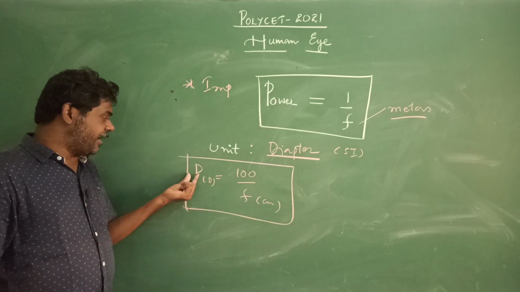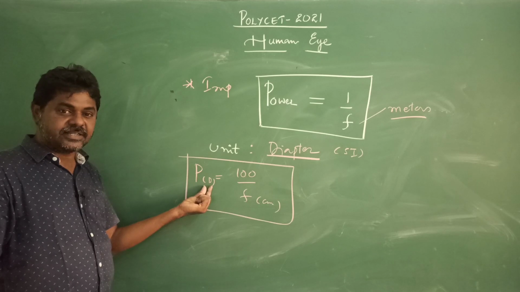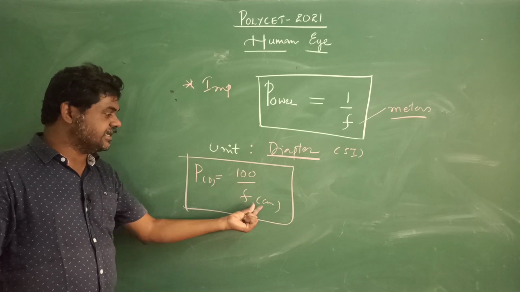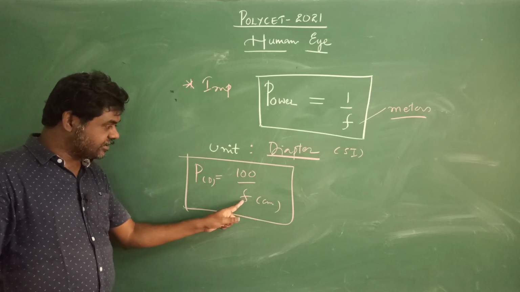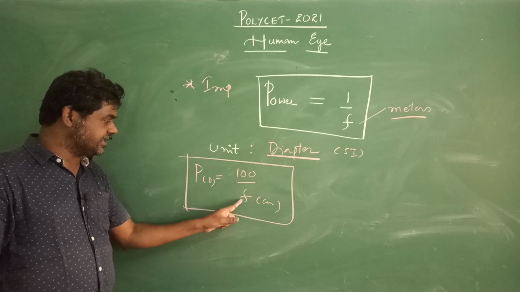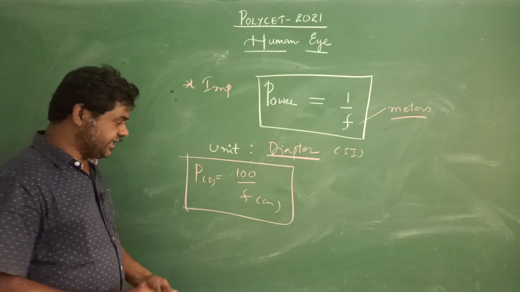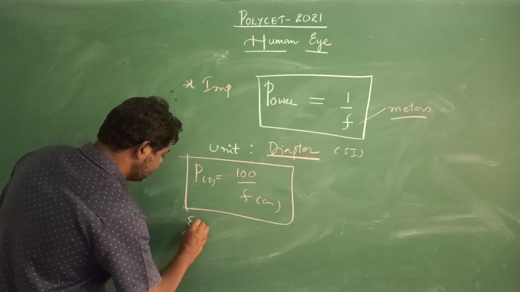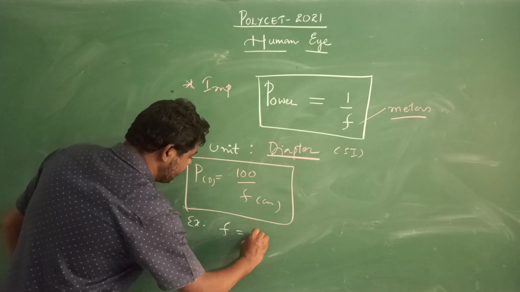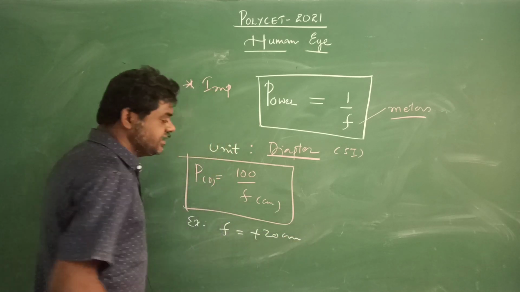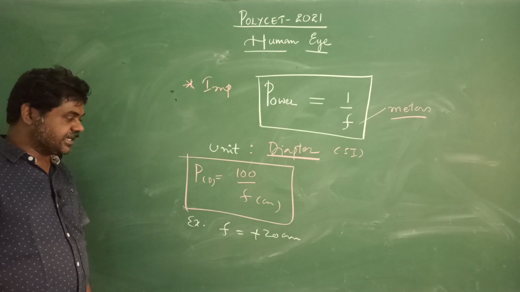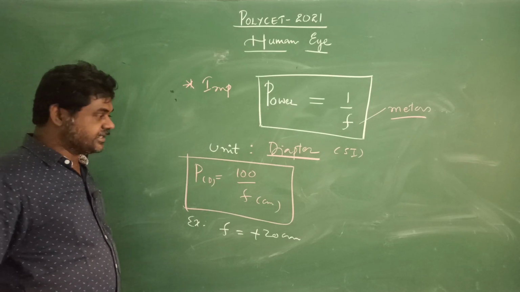If you want to calculate in diopters, that is 100 by focal length in centimeters. Let me give an example. If the focal length is +20 centimeters, what is the power of the lens?